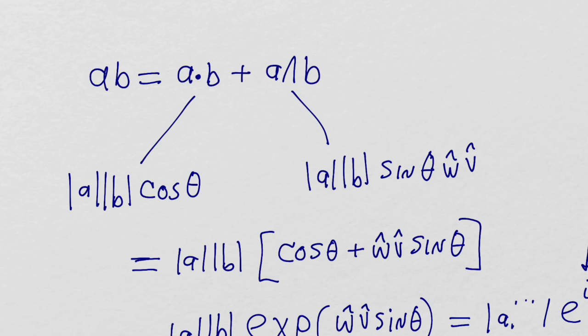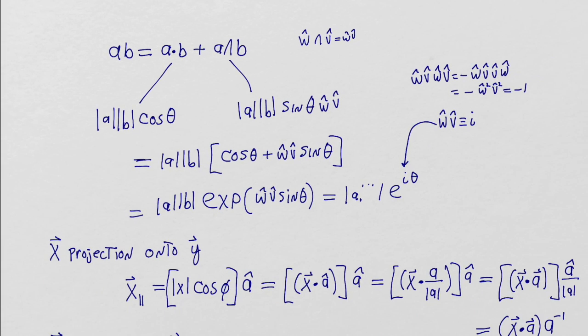And A wedge B, we know, has a magnitude of the area of the parallelogram between the vectors A and B, which is the magnitude of A times the magnitude of B times the sine of the angle between them, multiplied by some unit orthogonal bivector, which we can write as W hat V hat, and it is in the plane of A and B. So this is a bivector just like this is.